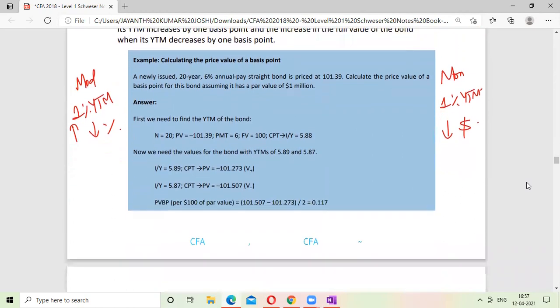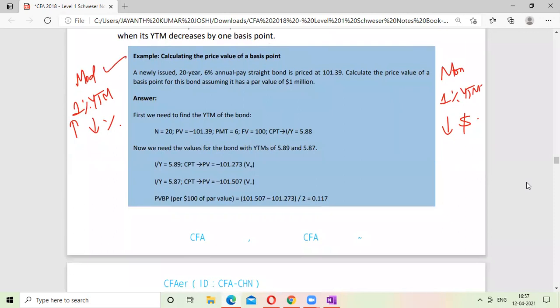So this was modified duration, this was money duration. Price value of basis point is nothing but: with 1 basis point change in YTM, your bond price is going to decrease by how many dollars? That is what they're asking.